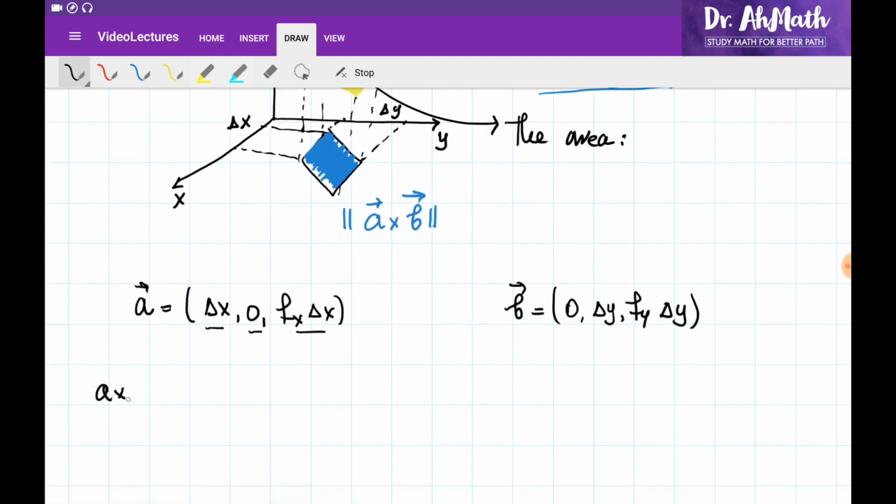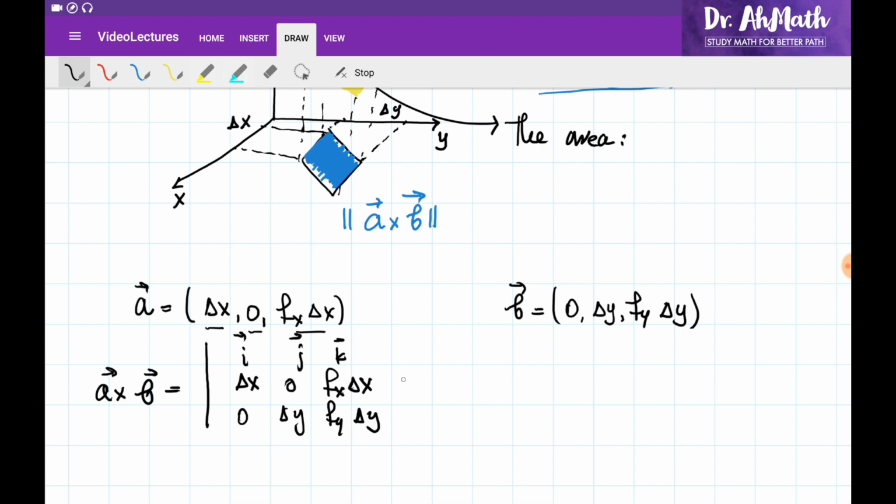In order to do this, we need to find the determinant of the matrix, where I write the i, j, k on the first row, delta x, 0, fx delta x on the second row, 0, delta y, fy delta y on the third row. Then we need to evaluate the determinant of this matrix.